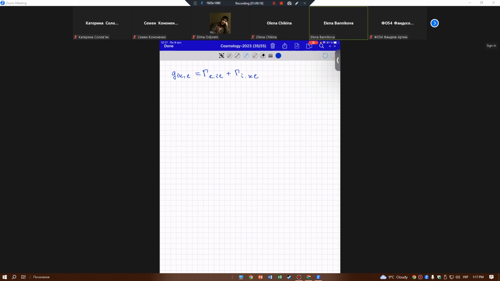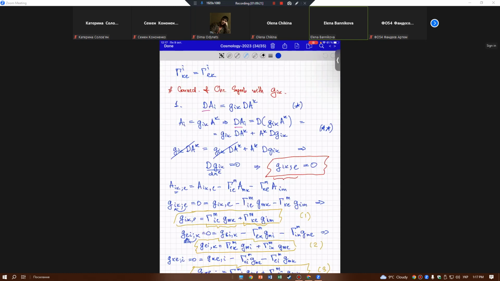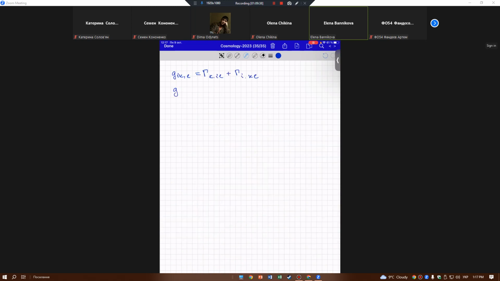Agree? So this is just since I apply here the metric tensor, I just make the index M a lower index. With the second one, I can write like this. So g_{LIK} equal gamma, and look on this one.